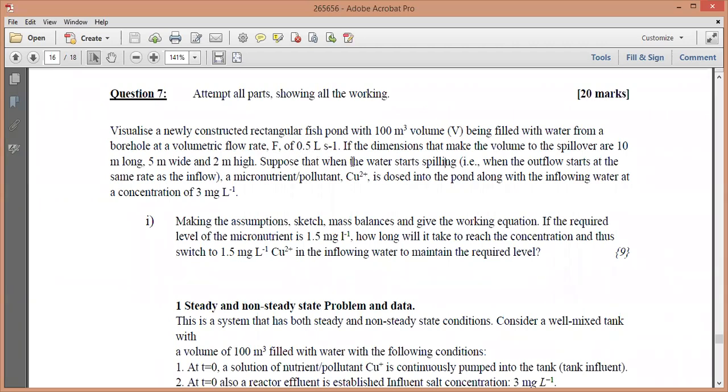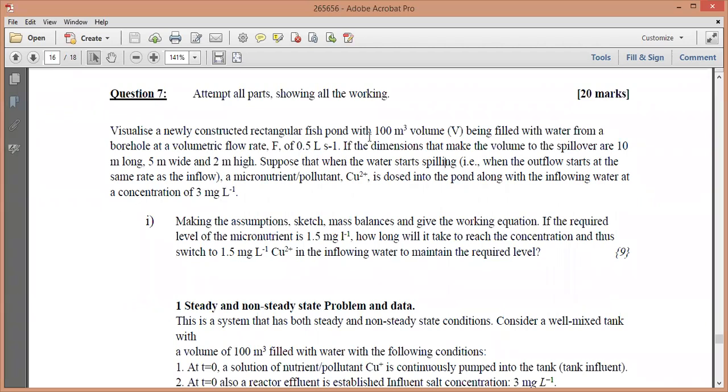If the dimensions that make the volume to spill over are 10 meters long by 5 meters wide by 2 meters high, suppose that when the water starts spilling, that is when the outflow starts at the same rate as the inflow, a micronutrient or pollutant, which is copper 2+, is dosed into the pond along with the inflowing water at a concentration of 3 milligrams per liter.